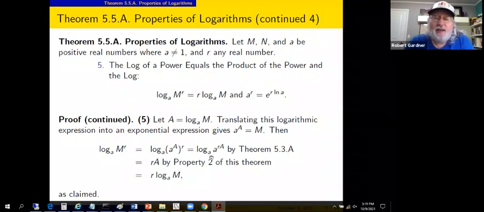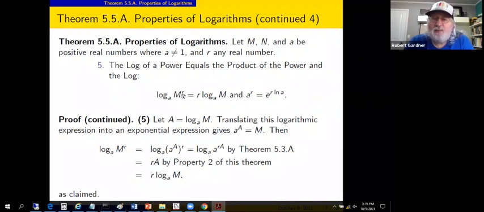Now we've got log base a, and inside it, an exponential function base a. The log base a and the exponential compose to give the identity function, and yet again, you're just left with the exponent, lowercase r times capital A. And we had capital A in terms of logarithms is given here. Substitute that in, and that's exactly what we were trying to show for this part.